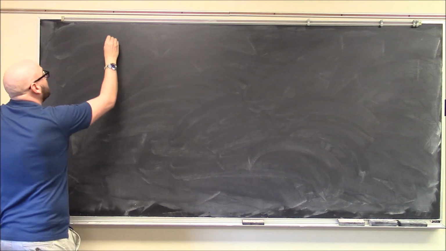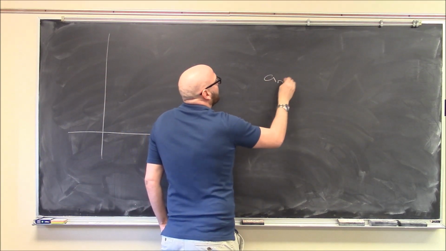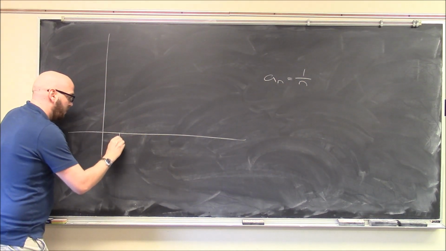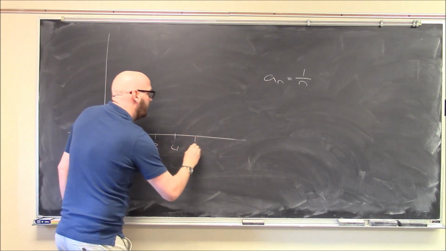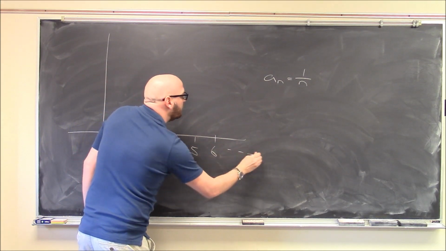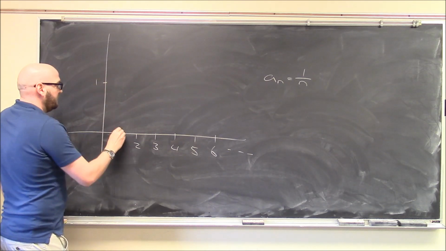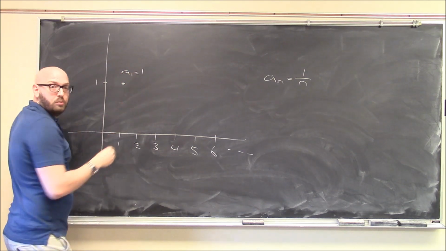So this is what a sequence really is. If I plot this sequence, a sub n being 1 over n, so I've got 1, 2, 3, 4, 5, 6, and so on. Right, if I plotted these values, here's 1, there's the first term, right? A1 equals 1.